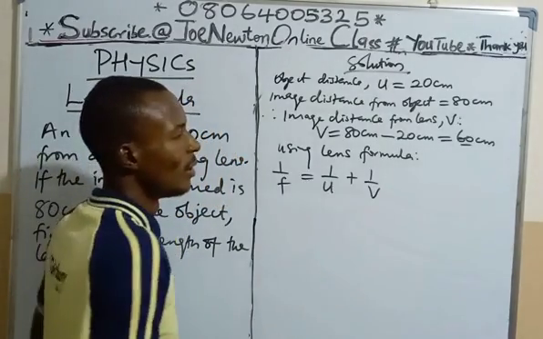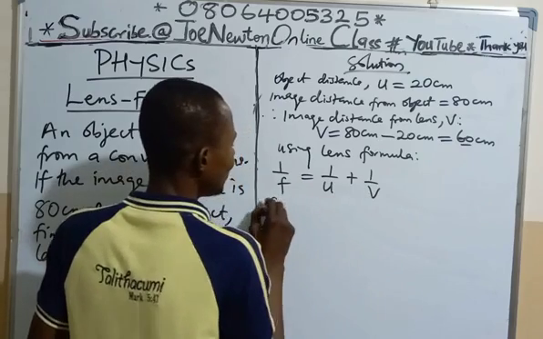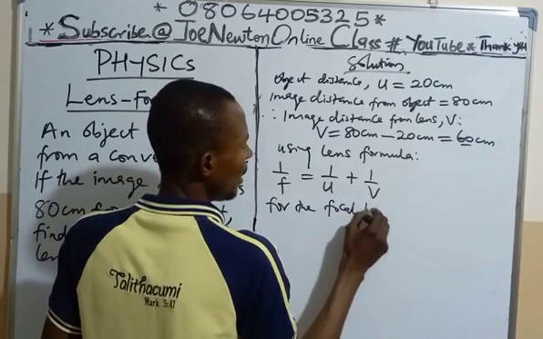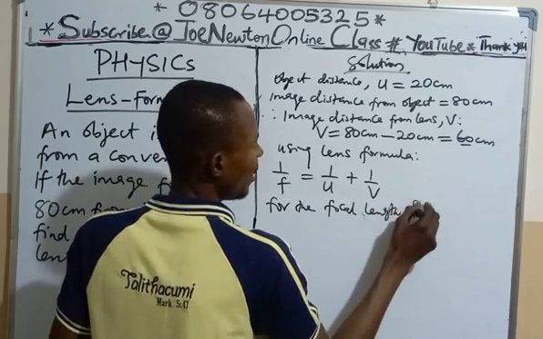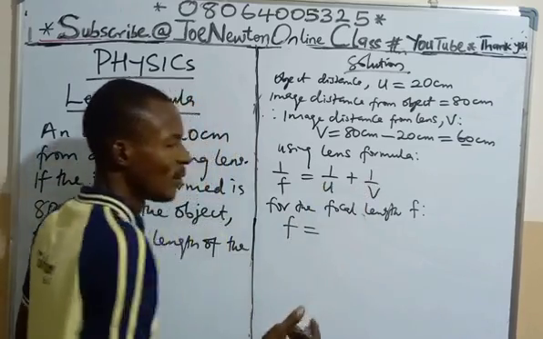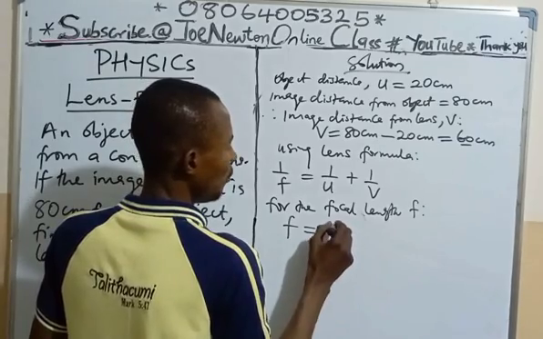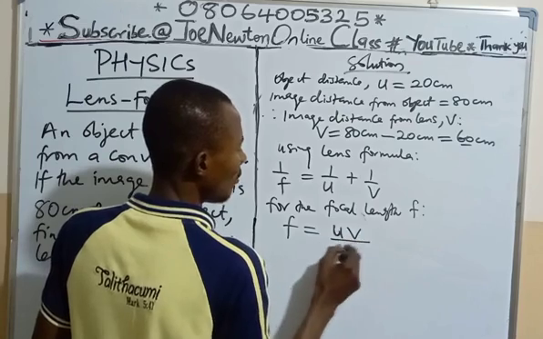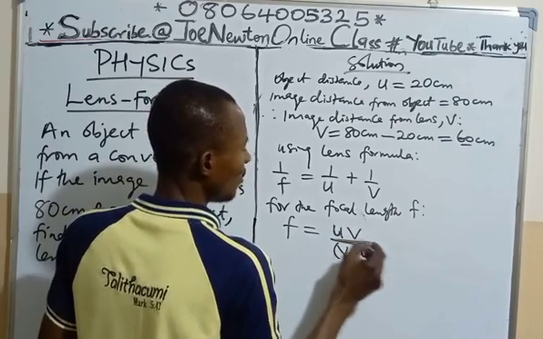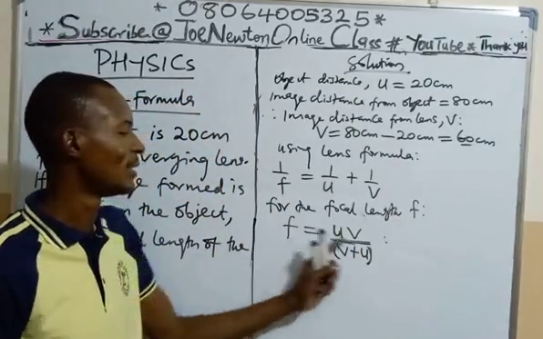Now, from this formula, we have another formula. From this formula, we generate for the focal length, which is F. When you simplify this, we have a general formula for F. F is equal to UV all over V plus U. So from this equation, if we make F subject of the formula, because we are looking for focal length, this is what you will have.